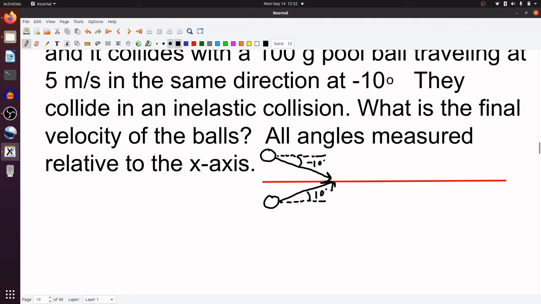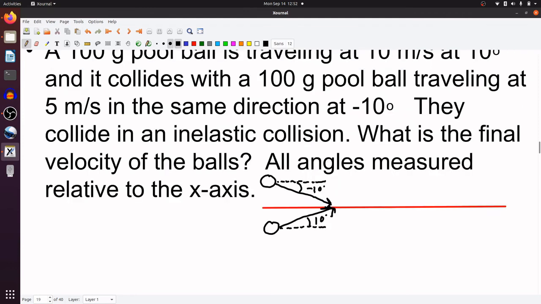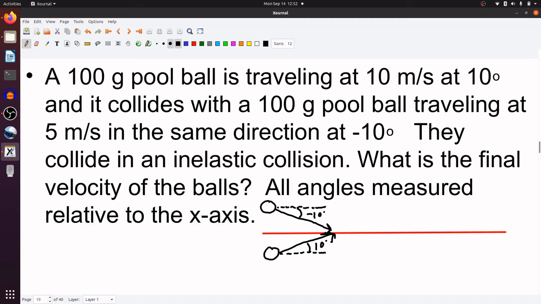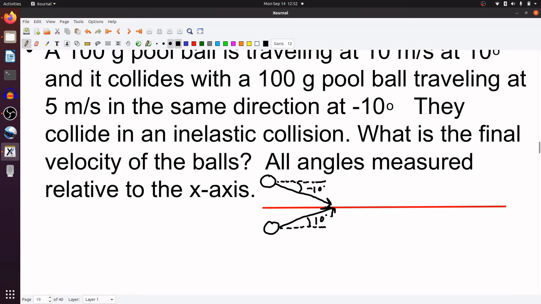All right, so basically they're coming from two different but equal and opposite angles. What's not equal and opposite is the velocity. The one traveling at 10 degrees is going to be 10 meters a second, and one is traveling at 5.